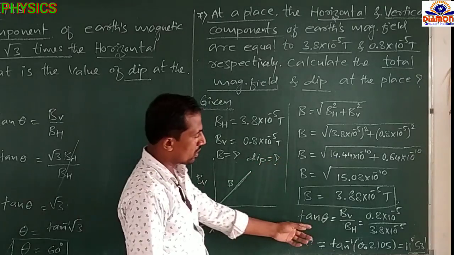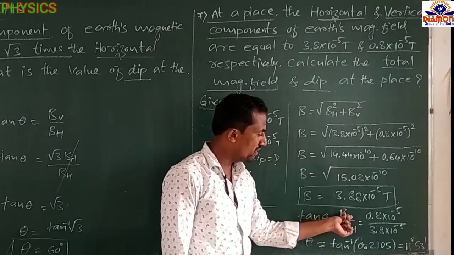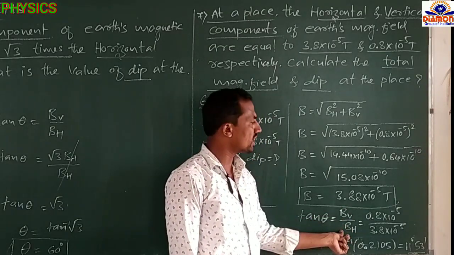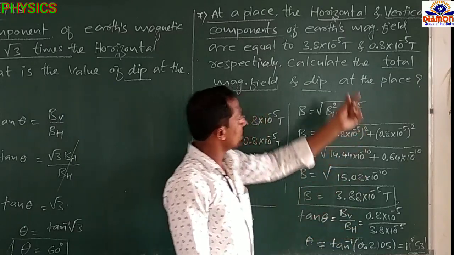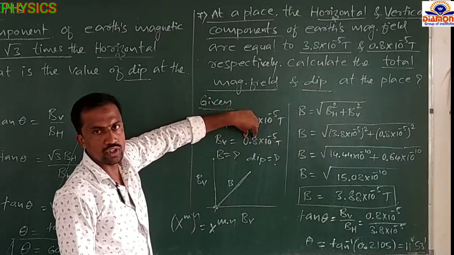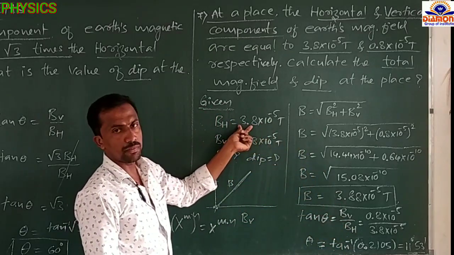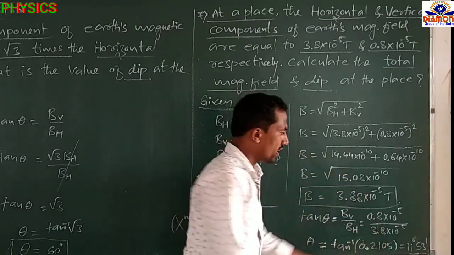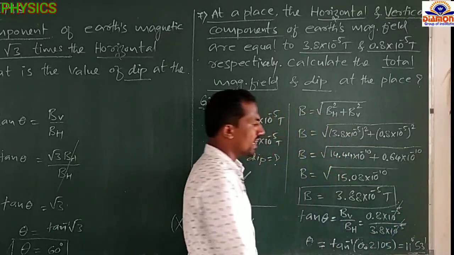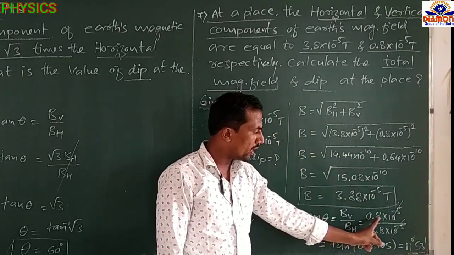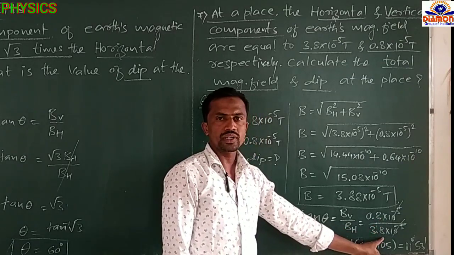Dip: the formula is tan theta equals BV by BH, the magnetic field on the vertical side by the magnetic field on the horizontal side. The vertical field is 0.8 times 10 to the power of minus 5, and the horizontal field is 3.8 times 10 to the power of minus 5. The minus 5 gets cancelled, leaving 0.8 divided by 3.8.